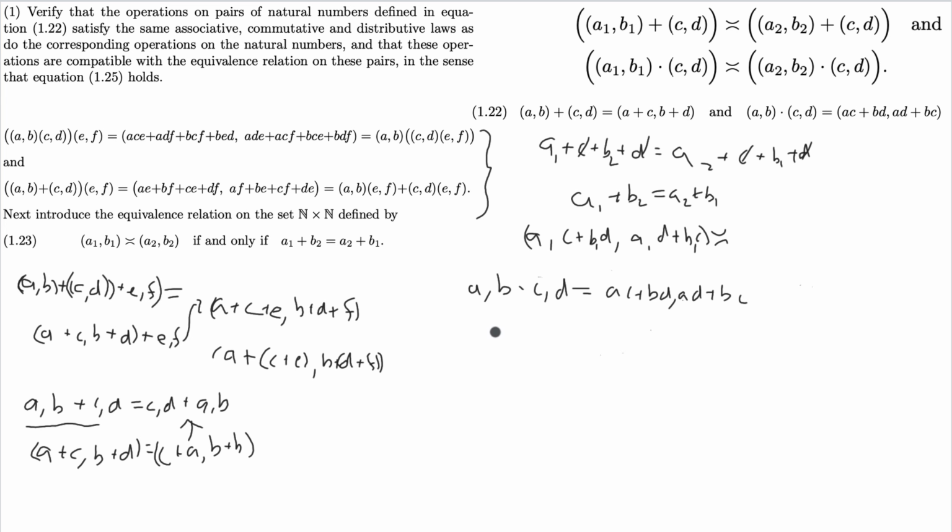Let's do that now, where we say (c,d) times (a,b). How we should rearrange this is to write this as (ca plus db, da plus cb). Sorry, it should be ad first, because in our product we have d first. And that's just by applying the commutativity of multiplication in the natural numbers to get this form, and then it's very easy to see this equals this form, so we have commutativity.